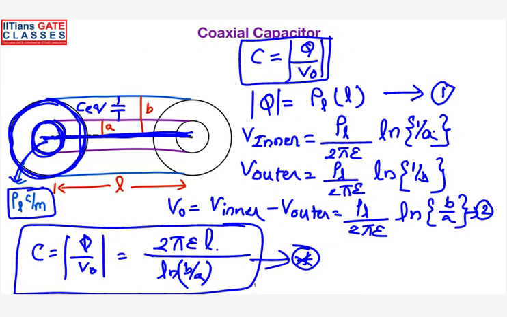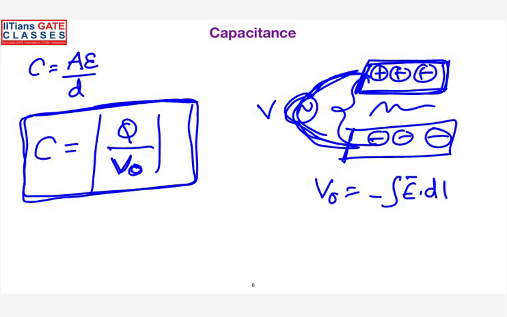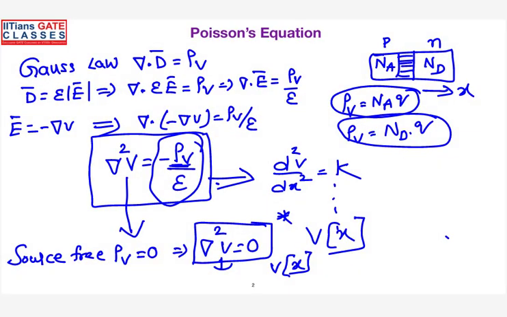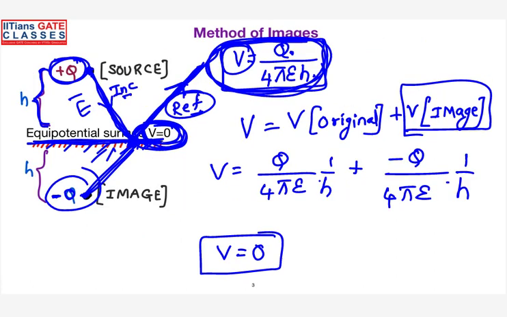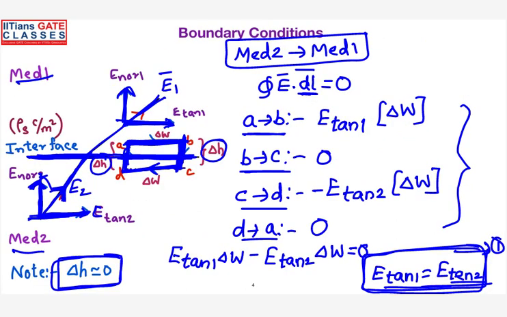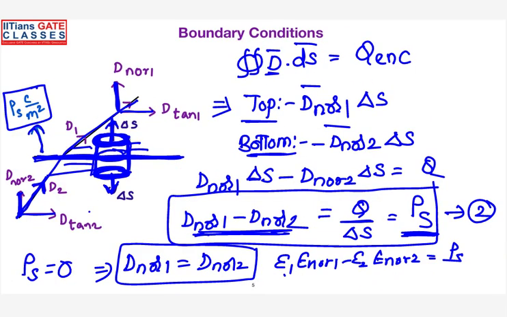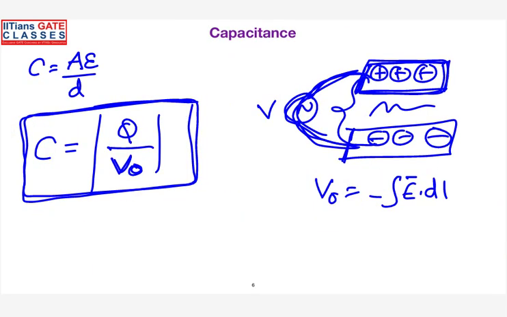So that is the theory part. In this slide, what we have discussed, once again go back. We started with Poisson's equation, and we have seen the method of images concept, the boundary conditions, and the capacitance.